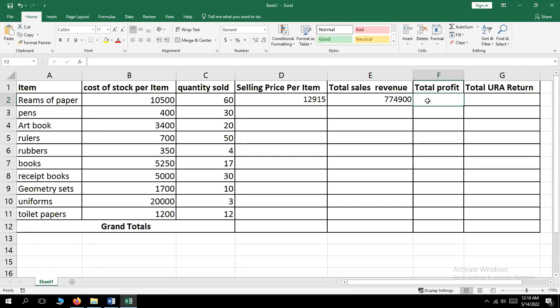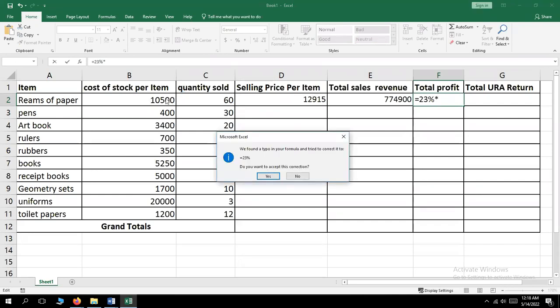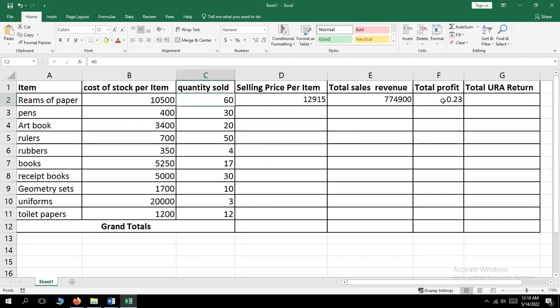Therefore, we shall say equal sign 23% times B2, which is 10,500. That's for a single item. But remember, there are 60 pieces. Therefore, we shall multiply it again by 60 to get the total profit.